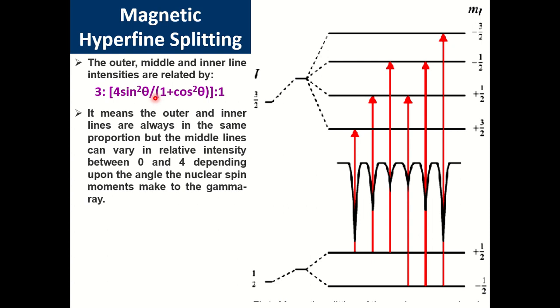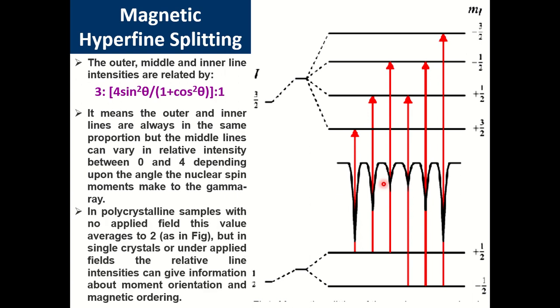It also means that the intensity of the outer and inner lines is fixed, but the middle one can vary between 0 and 4. In a polycrystalline sample, when there is no applied field, the inner value is equal to 2; this is the relative intensity we are talking about.